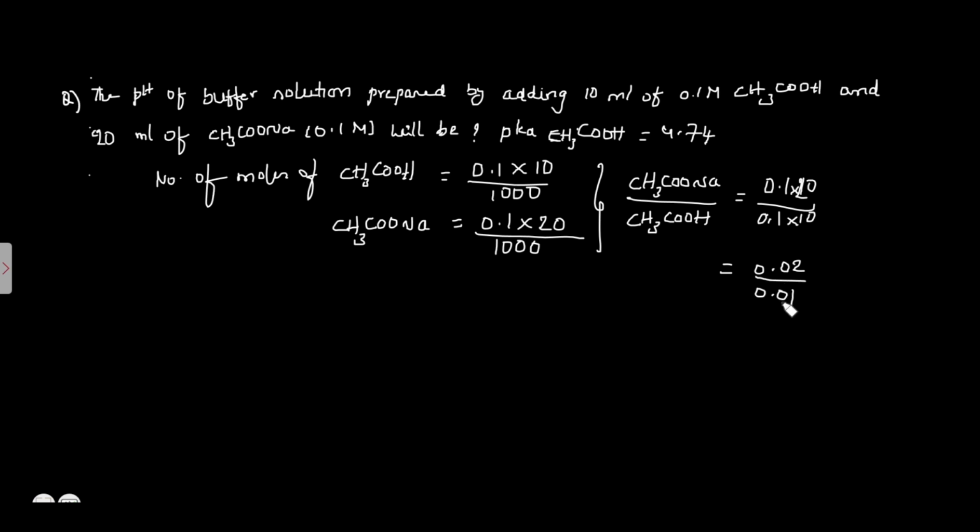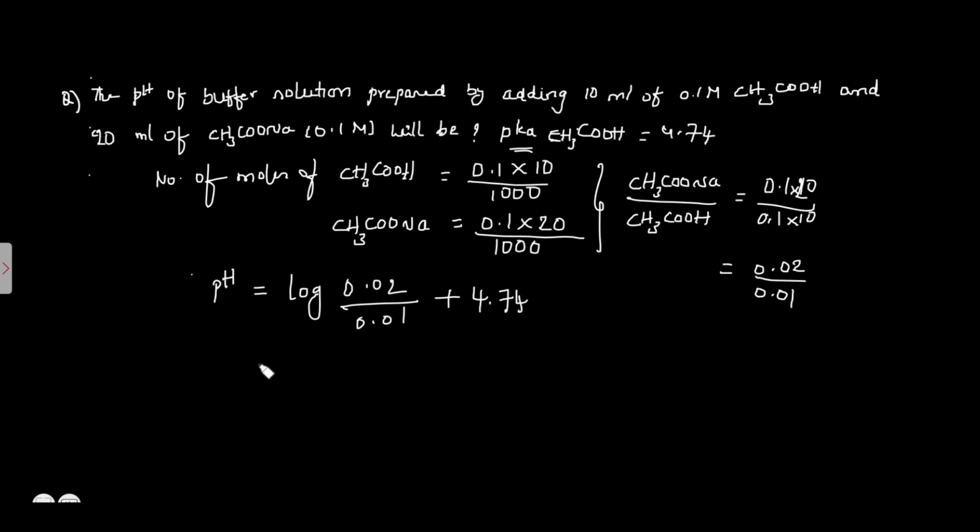When you substitute these values in Henderson equation, pH equal to log of salt by acid values are 0.02 divided by 0.01, plus here the pKa value is directly given, so you can write down directly 4.74.